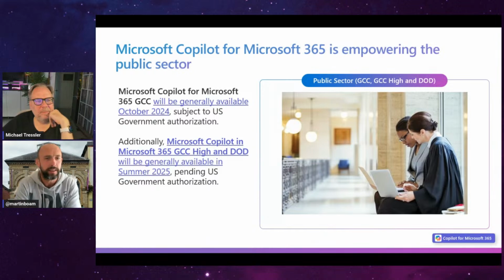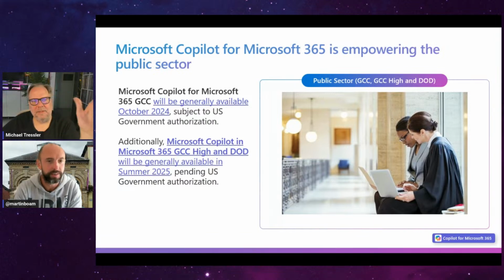But yeah, these two both say subject to US government authorization, and then the bottom one pending. So I guess we're still aiming for GA in October. For those who don't know, there are multiple different clouds at different levels.